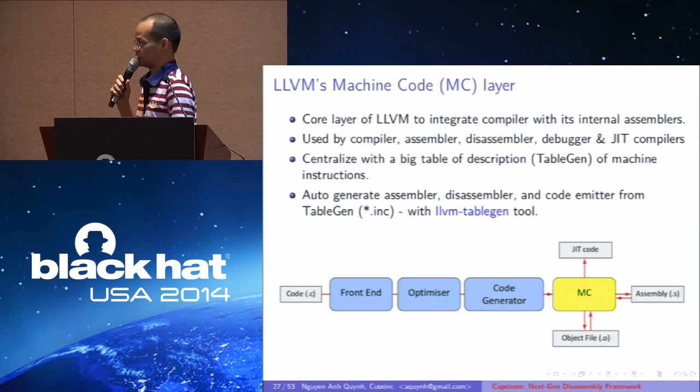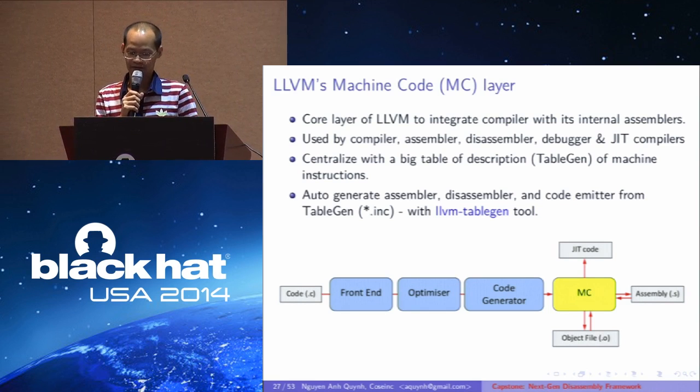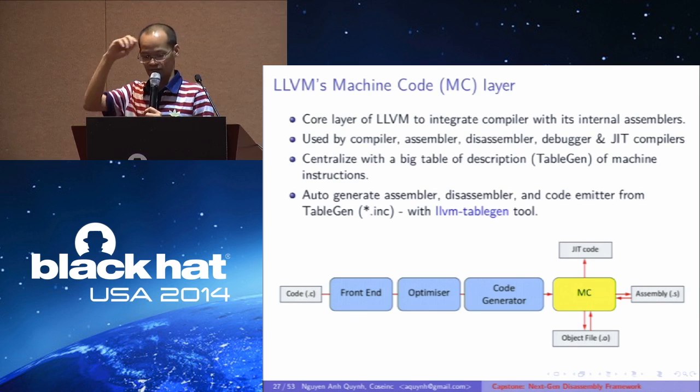And after that, LLVM uses one tool named LLVM TableGen to generate code from the TableGen files. And the result is many .inc files for all the architectures. And those .inc files are used by the assembler, disassembler, and code emitter from LLVM.